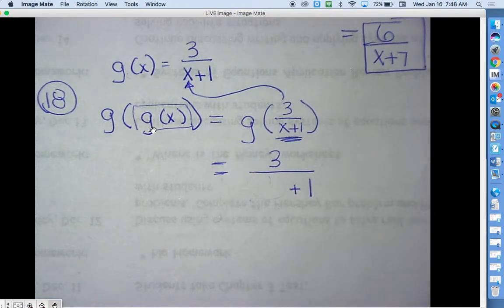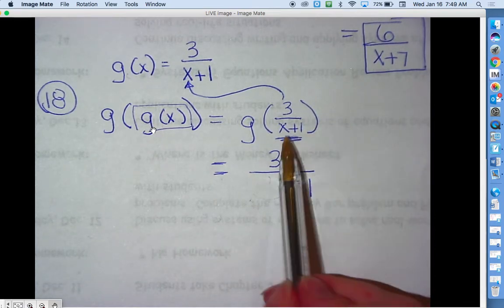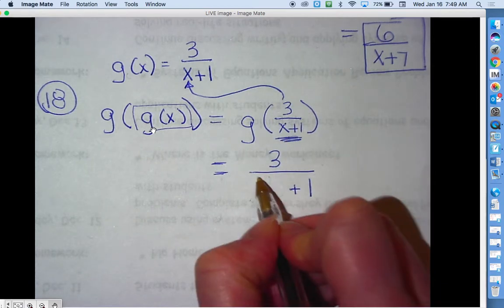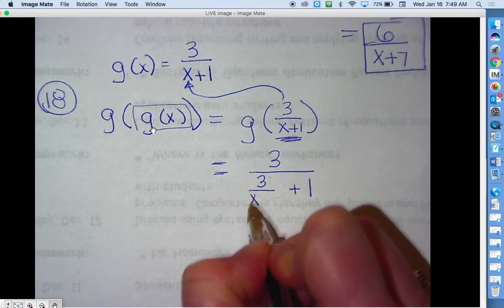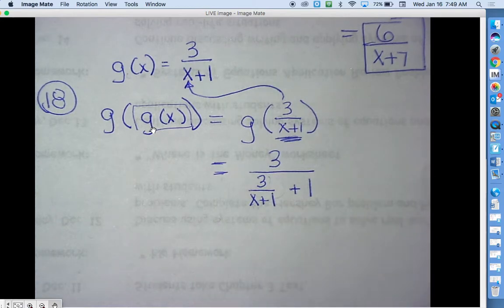So wherever x is, this replaces. So x becomes 3 over x plus 1. So this is supposed to be 3 over x plus 1. This is x. It's still x, but we replaced it with that quantity that was in parentheses.